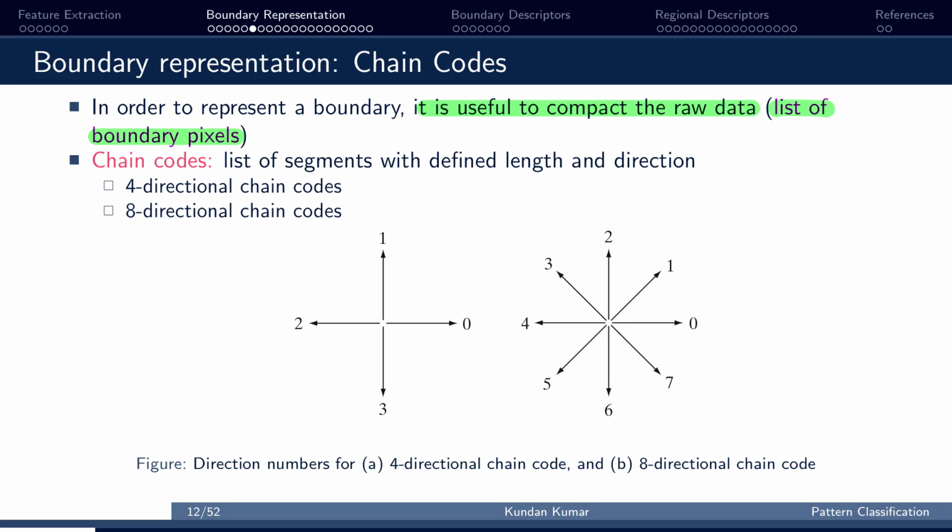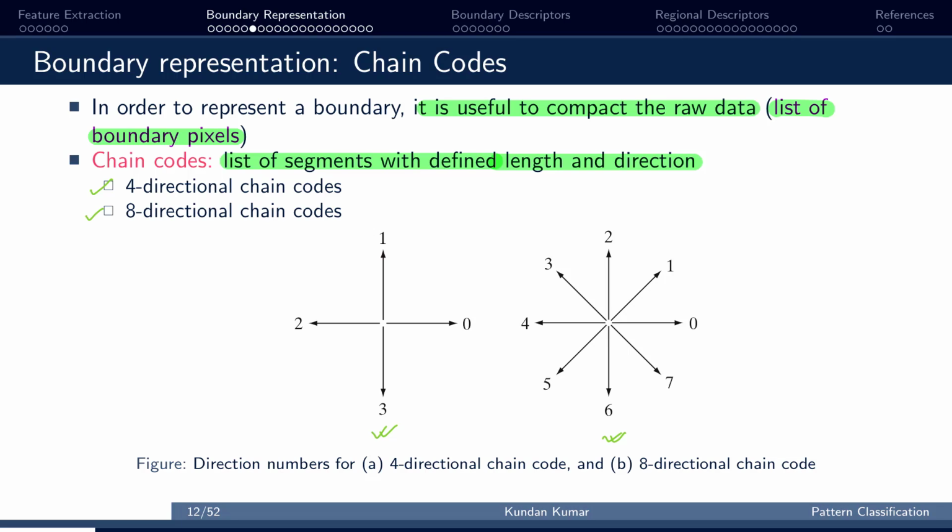So let us discuss the chain code. Chain codes are nothing but a list of segments with defined length and direction. There are two types of chain codes: 4-directional chain codes and 8-directional chain codes, and these are the encodings we use respectively.